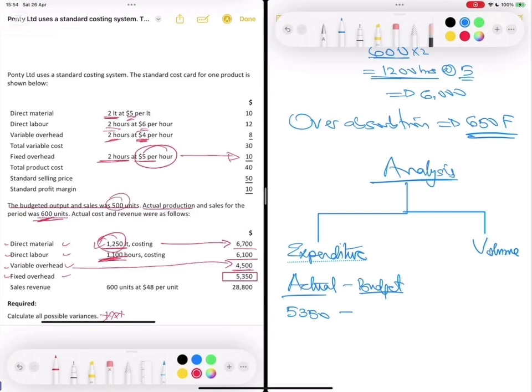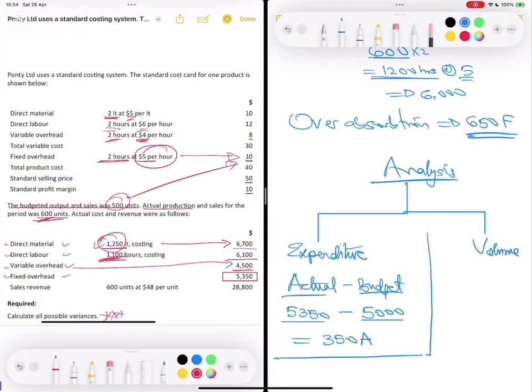Remember, everything is in budget, so 10 times 500 is 5,000, the budget fixed cost. That gives us 350, and this has to be adverse because the actual is more than the budget. That's the expenditure variance for fixed cost.